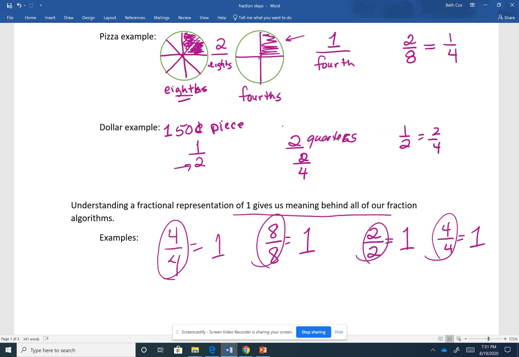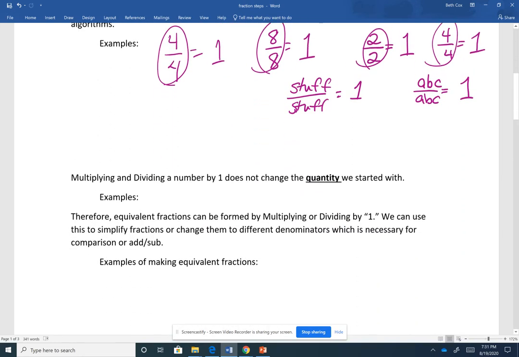This is always 1, and in algebra we'll say stuff like stuff over stuff equals 1 if they're exactly the same. So if I have ABC over ABC, guess what that's equal to? That's equal to 1. This is a huge concept with fractions. I want to make sure you got that.